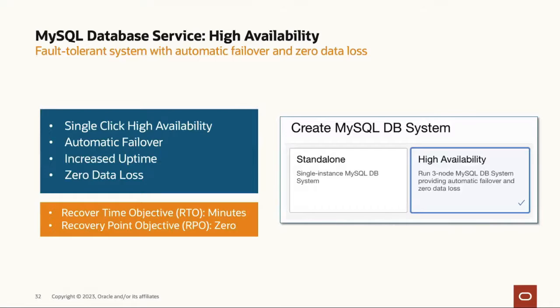The second one is the high availability system. This is going to be a 3-node MySQL database cluster, which is going to provide some automatic failover for zero data loss. That's going to have a recovery time objective of minutes and a recovery point objective, RPO, of 0.